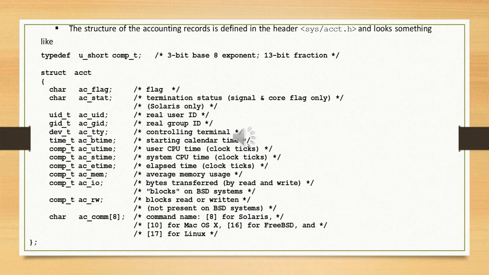Then ac_rw is the blocks read or written, present in BSD. ac_comm is the command name for Solaris systems. The record sizes differ by platform: 40 for Mac OS, 16 for FreeBSD, and 17 for Linux.